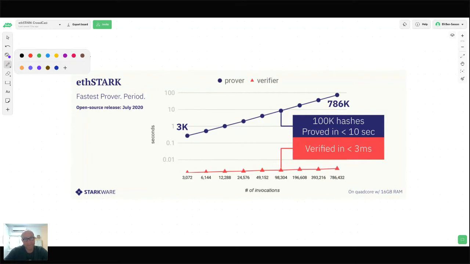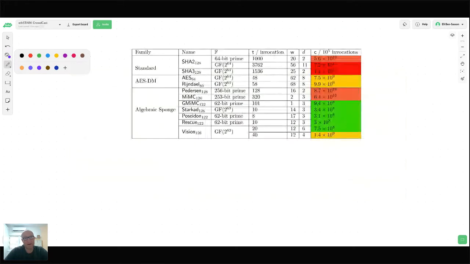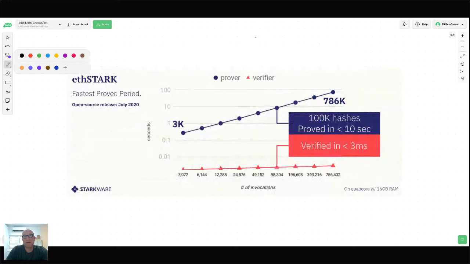So, roughly speaking, the story is about the fact that 2 years ago, the Ethereum Foundation contracted StarkWare right around July to help find a hash function for which proving statements in a Stark system, post-quantum secure, will be efficient enough.